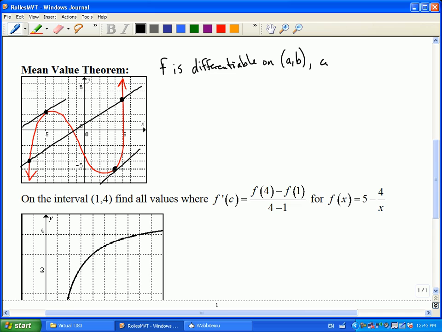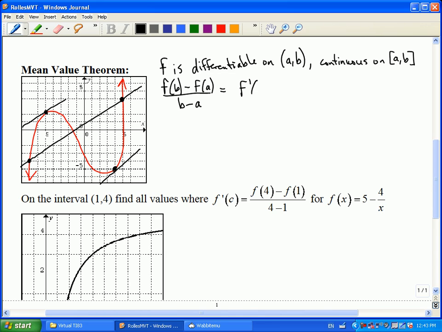So differentiable inside, and then continuous on the whole thing. And this is what we're saying: this is the slope at 2 points.